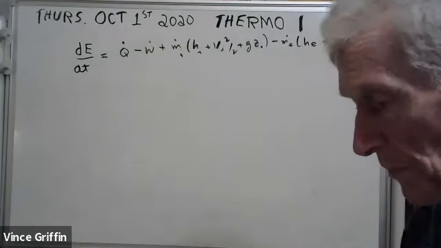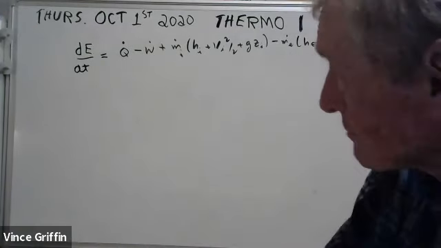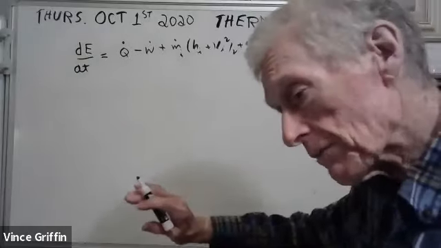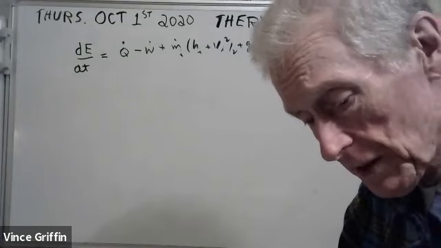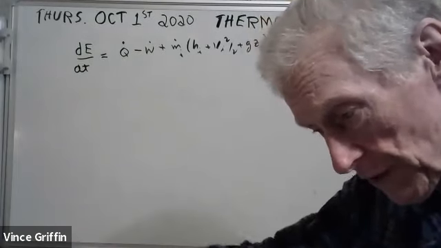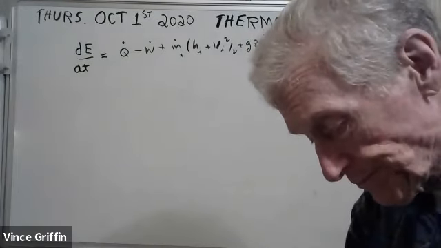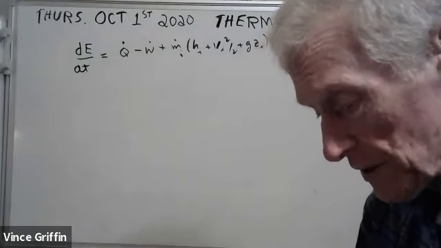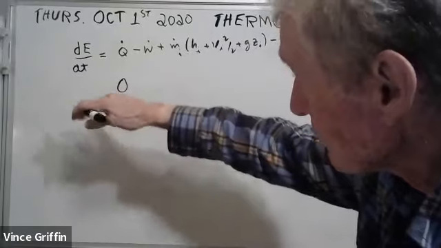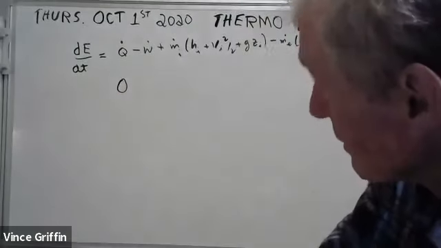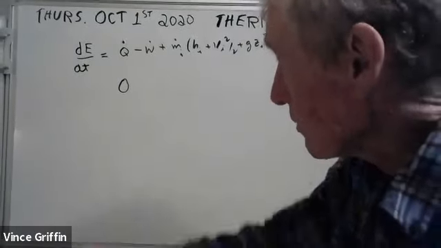Now, turbines are essentially adiabatic. I'm lying to you a little bit because they get hot and they do irradiate some heat. They have a heat transfer, but it's an insignificant term. We'll work a turbine problem here in a minute. We'll assume that's zero.